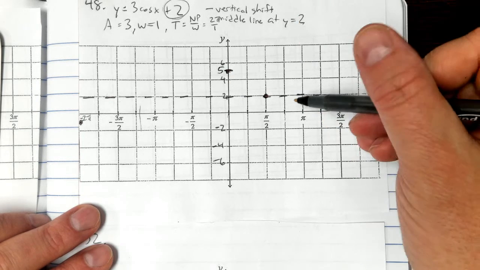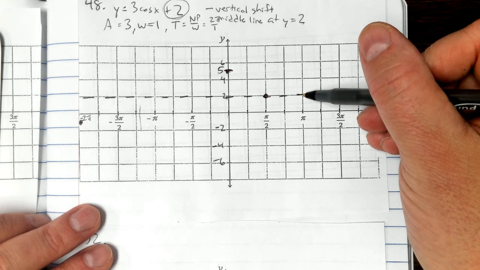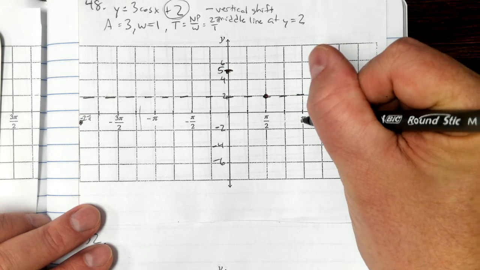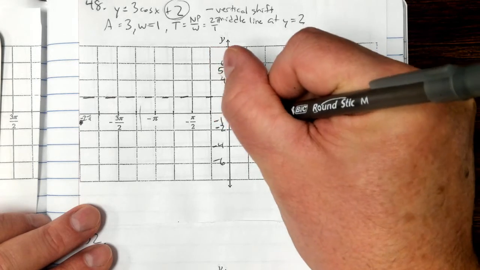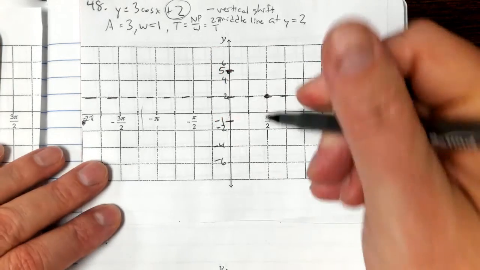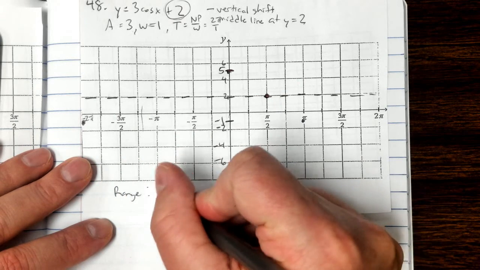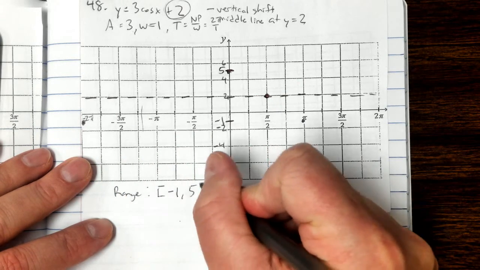So that's 3 units. So to count down 3 units, it'd be 1.5 blocks to right there, which is where -1 is. So basically think about your range to be from -1 to 5.